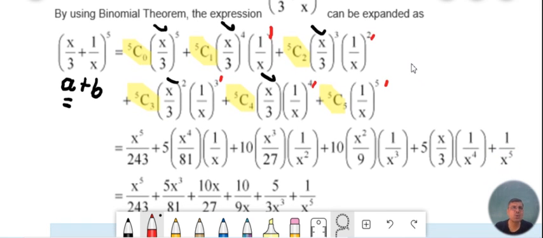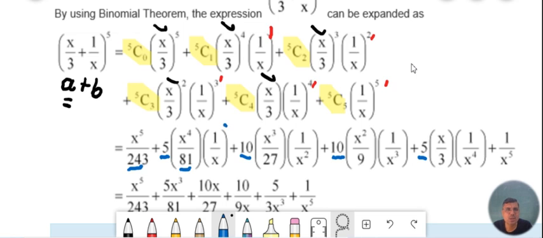Now, how to simplify that. 5C0, that I already explained, is 1, 5C1 is 5, 5C2 is 10, 5C3 is 10, 5C4 is 5, and 5C5 is 1. And then x raised to 5 upon 3 raised to 5 is 243. I think this part needs no explanation. x raised to 4 upon 3 raised to 4 is 81 into 1 upon x.